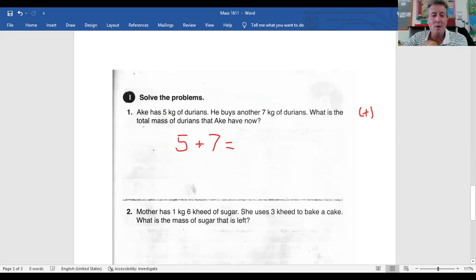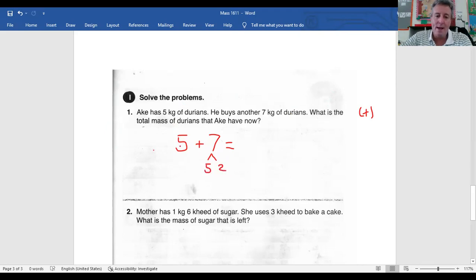If you have your ruler, you could use your ruler and count up, or we can count on and say 5 and then 6, 7, 8, 9, 10, 11, 12. Using counting on, count on 7, and we got 12. Or the other way, remember we can do it, is let's make 10. So if we've got 5, we need another 5, don't we? So we can say that this 7, we make the number bond of 7 with 5 and 2.